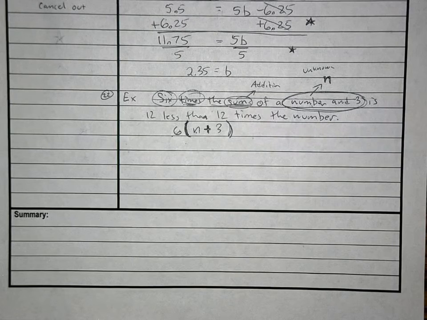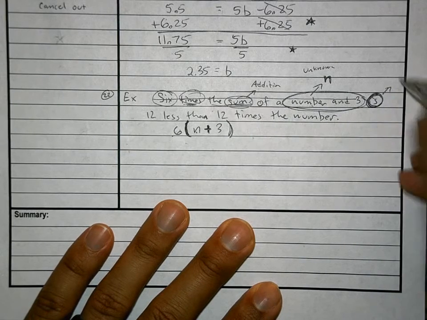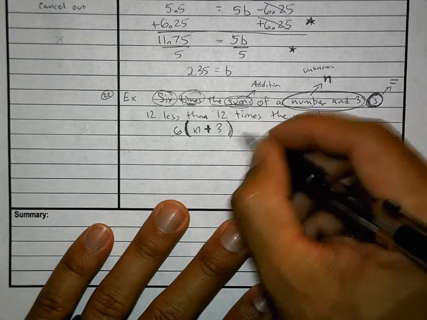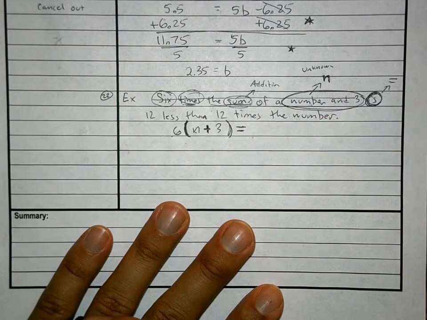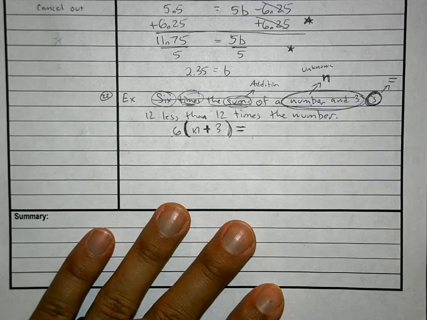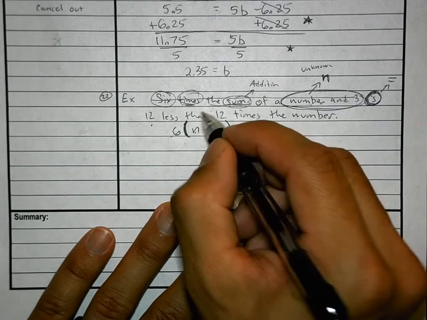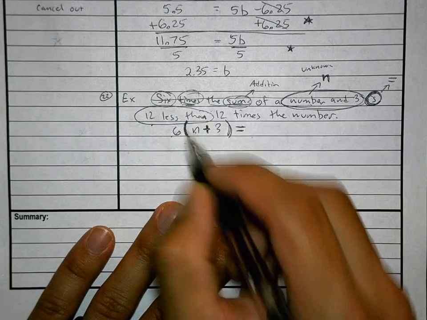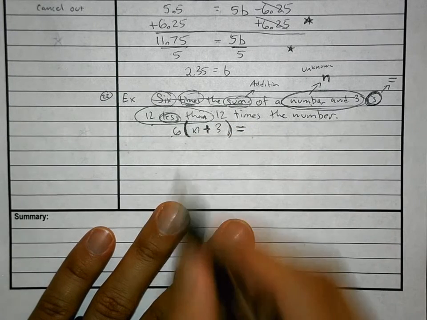Is means something. Is means what? Equals. Good. Always. Or at least almost always. 12 less than. Now I'm going to circle all that. I hope you know what less than means, or 12 less than.